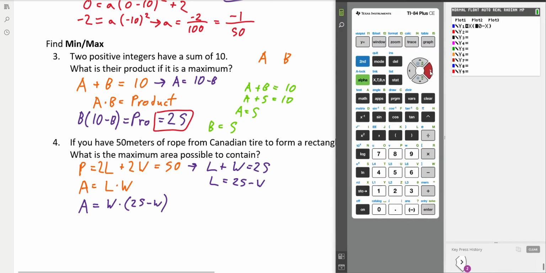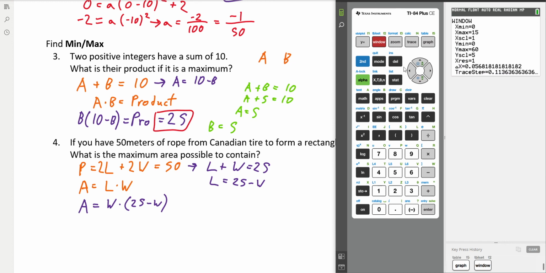Very similar to the last question, just now 25 instead. We graph that, and it totally does not fit in our window, so we need a bigger height. Probably somewhere around 175-ish, I would guess.